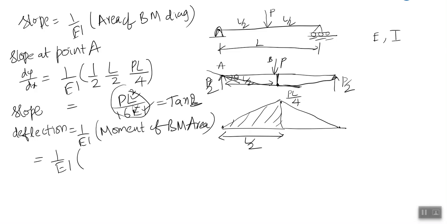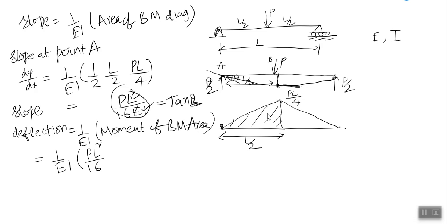Here the bending moment area is what we have just calculated, P into L square by 16. We know that the slope is zero here and non-zero here, so we have to take moments about the non-zero slope point.